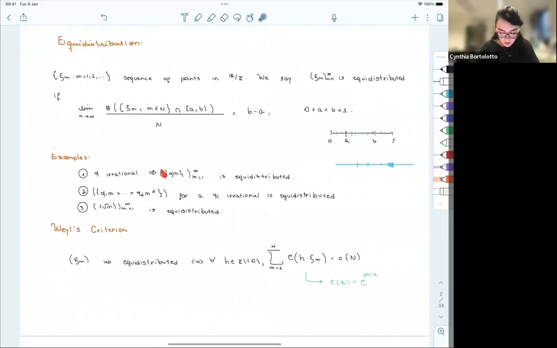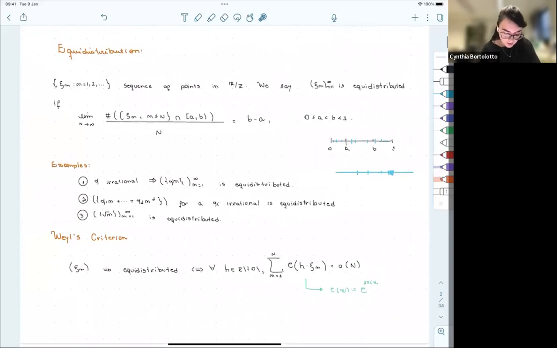Instead of just taking alpha n, we can take a polynomial, alpha_1 n plus up to alpha_d n^d, and here we just need to suppose that at least one of the coefficients is irrational. Then we also get an equidistributed sequence. Another example is if we take the square root of n and take the fractional part, this is also equidistributed.